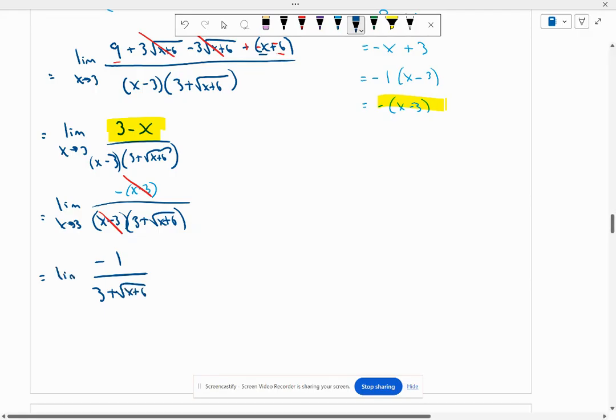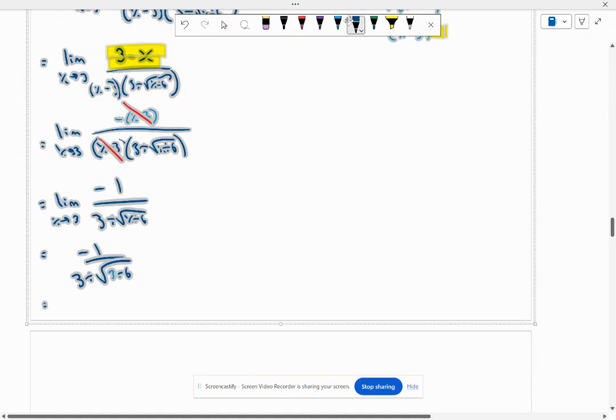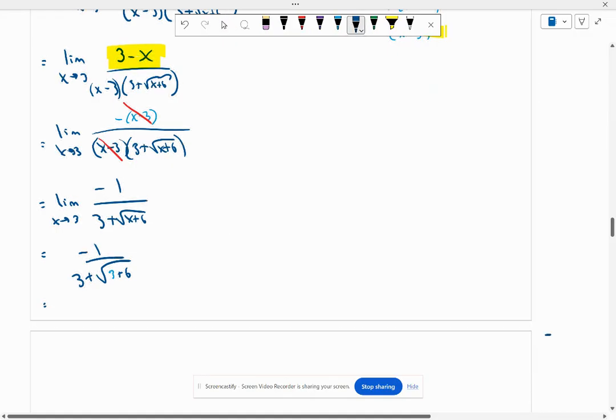And that's big because now that I got those x minus 3's to divide out like I was hoping, now I can actually plug in 3. So we get negative 1 over 3 plus the square root of 3 plus 6. So 3 plus 6 is 9. The square root of 9 is 3, so it's going to be negative 1 over 3 plus 3. And 3 plus 3 is 6, so we get negative 1/6.